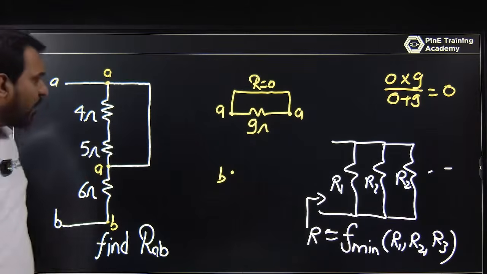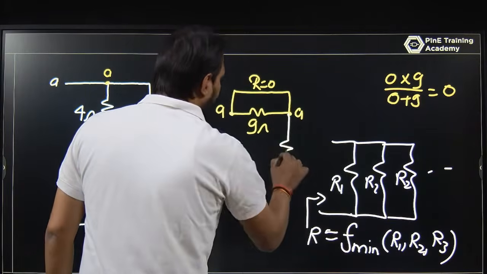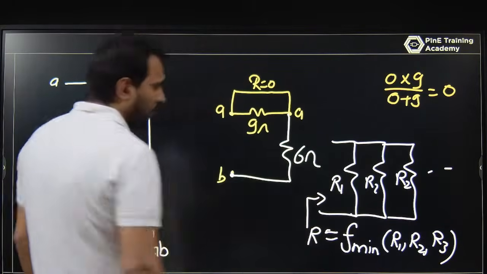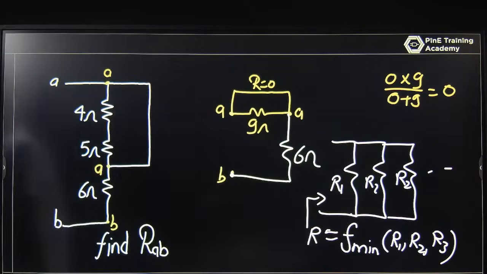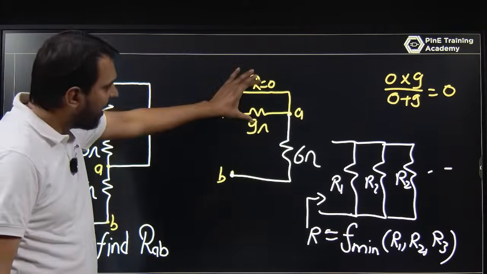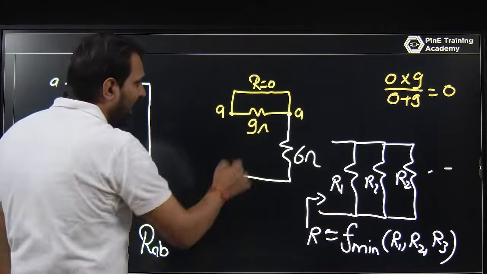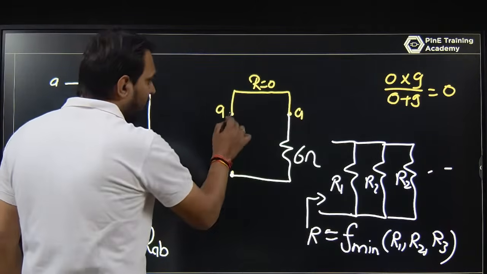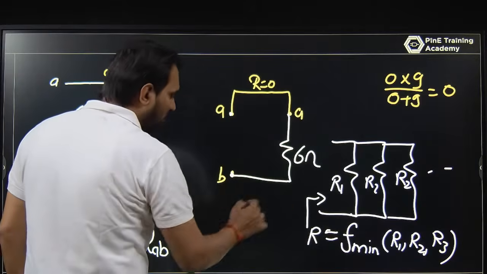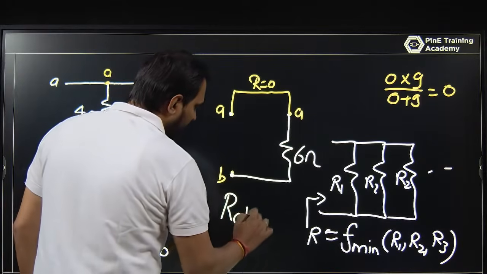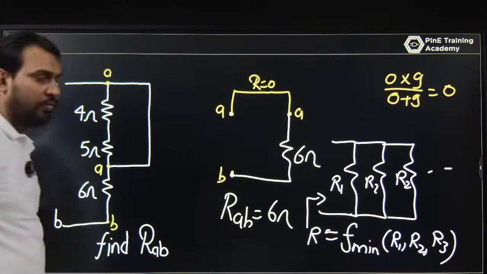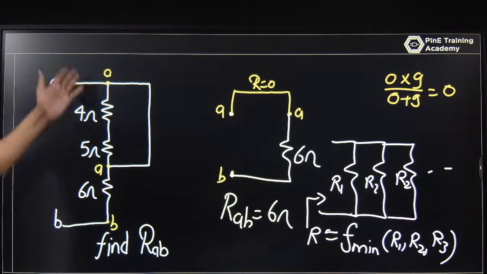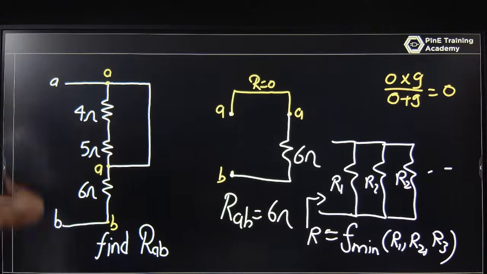And then from A to B, that is 6 ohm. So if you look at this, there is no meaning of 9 ohm, I can eliminate this value. And from A to B you have only 6 ohm. So RAB of this question is 6 ohm. It is not something with 9 and 5 or anything like this.